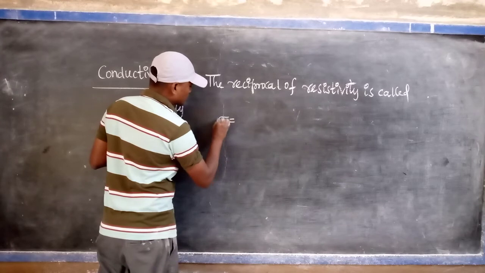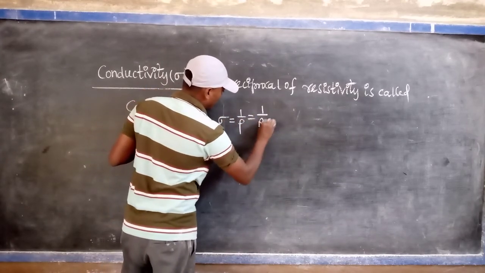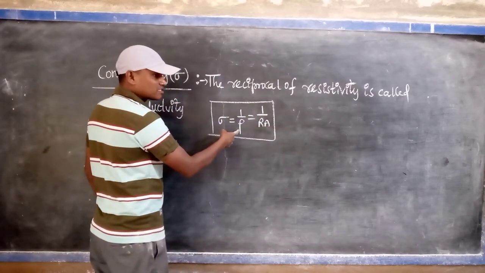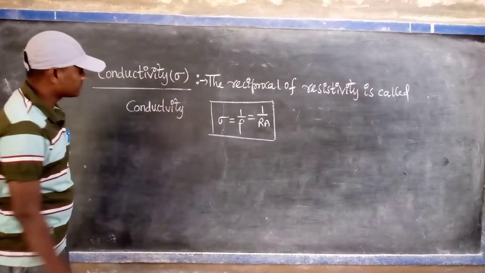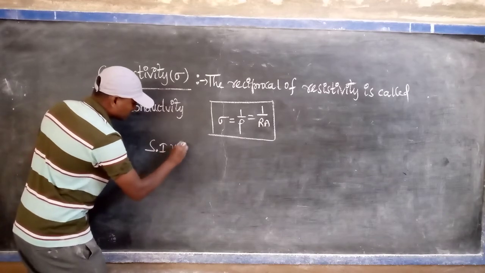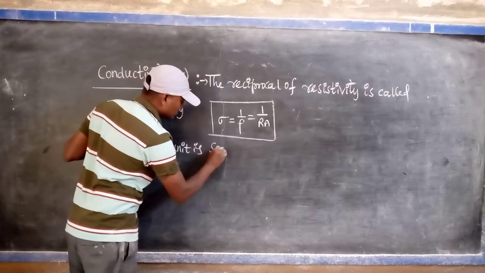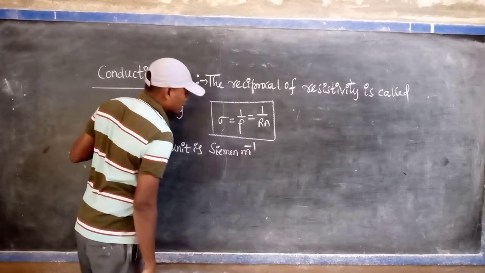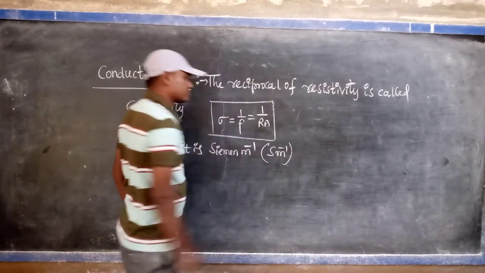Sigma is equal to 1 upon rho, that is equal to 1 upon RA. This is the formula, where rho is the resistivity. The SI unit is Siemens per meter, that is Sm power minus 1.